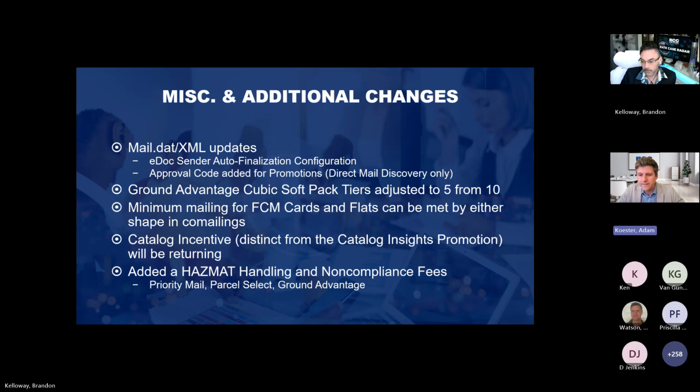cents on the piece. Additionally, they've added a hazmat handling and non-compliance fee for Priority Mail, Parcel Select, and Ground Advantage. Basically, the handling fee is an additional fee when you are sending hazmat material, and the non-compliance fees are trying to reduce the amount of mail going through the system that is not correctly labeled, whether it is labeled with an old box that says it's hazmat and it's not actually hazmat, or it's a box that's not labeled hazmat that does need to be labeled as hazardous material.